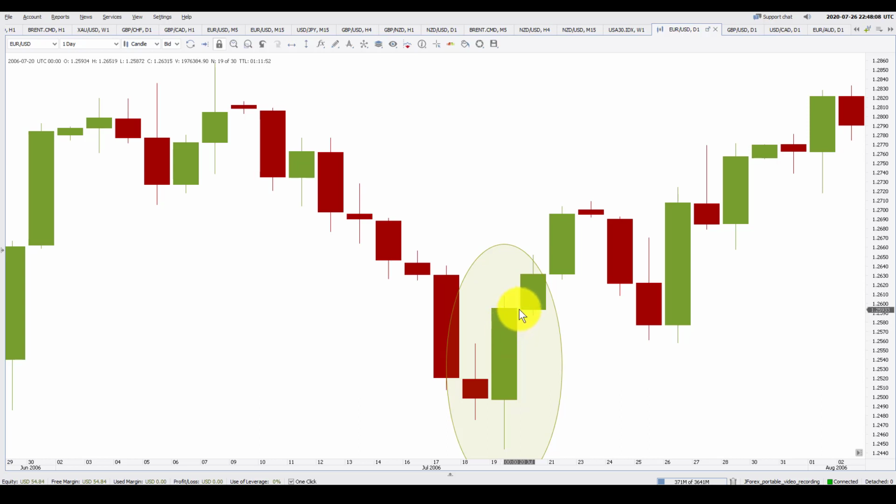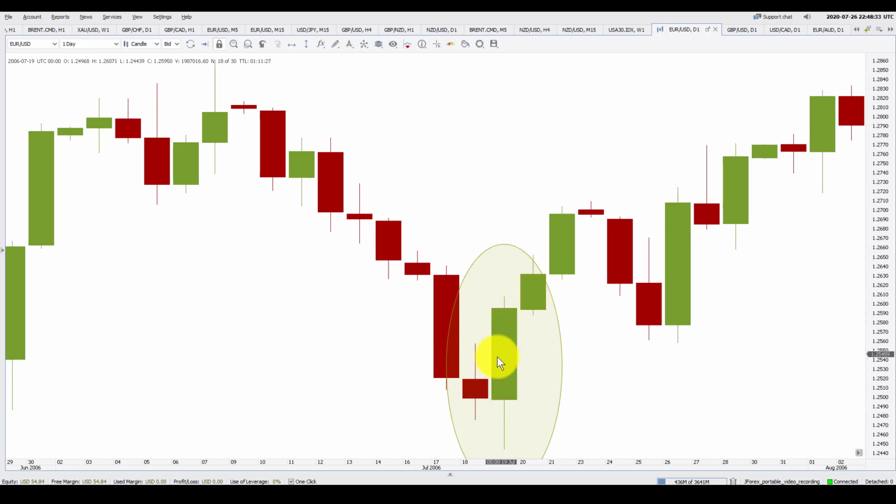Second thing, if the bullish candlestick has a smaller high wick, then it is considered that the bulls closed the day at the day's high, and that indicates further strength is still there in the bulls to push the prices higher, and that is what is happening here.